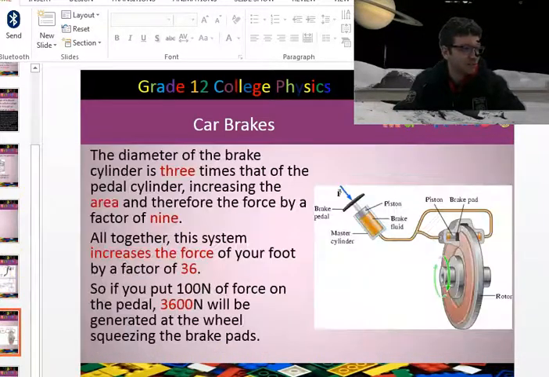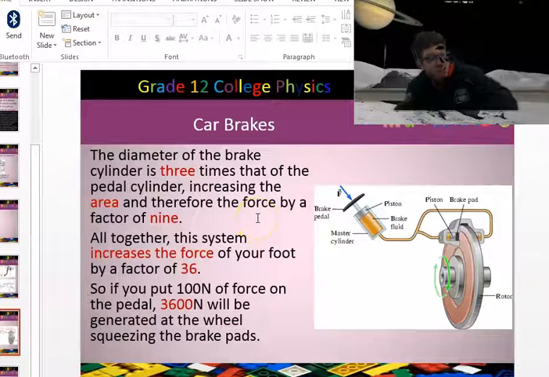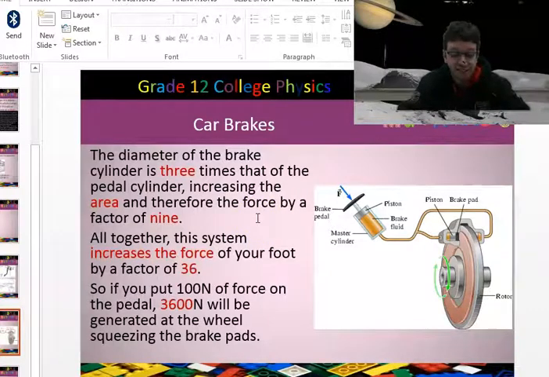Next, you have your hydraulic system here. So the diameter of the brake cylinder will be 3 times that of the pedal cylinder. Which means, since we have a much larger area, and area is pi r squared, right? If we are tripling that diameter, then the area is increasing by a factor of 9, 3 squared.